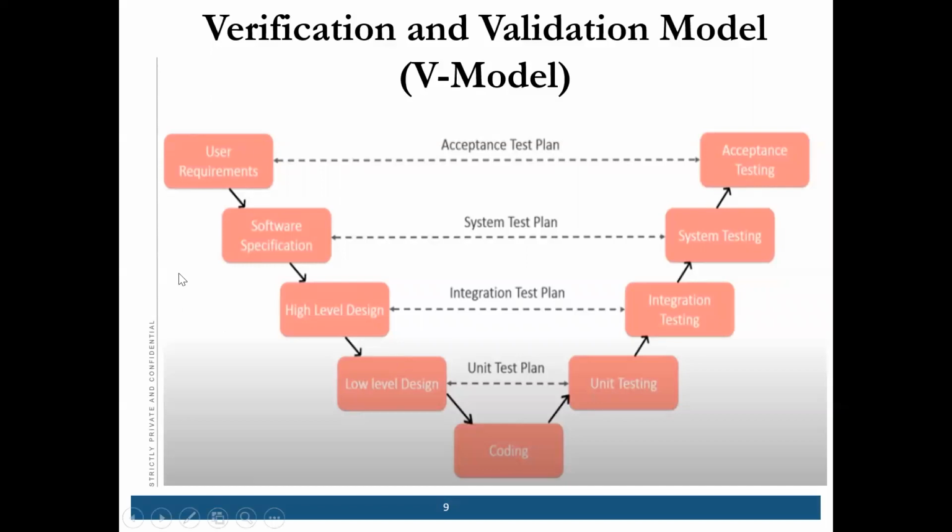Again, the verification activity is designing and reviewing, and the validation activities are design documents, integration test plan and test cases. So in this phase, all the integration test planning and integration test cases can be designed, and the database tables are also designed here.